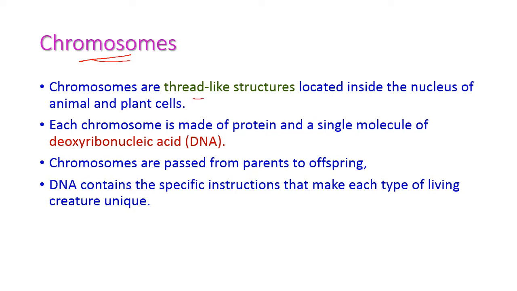Chromosomes are thread-like structures located inside the nucleus of animal and plant cells. Each chromosome is made of protein and a single molecule of deoxyribonucleic acid, known as DNA. DNA contains the specific instructions that make each type of living creature unique. Here, chromosomes are passed from parents to offspring.